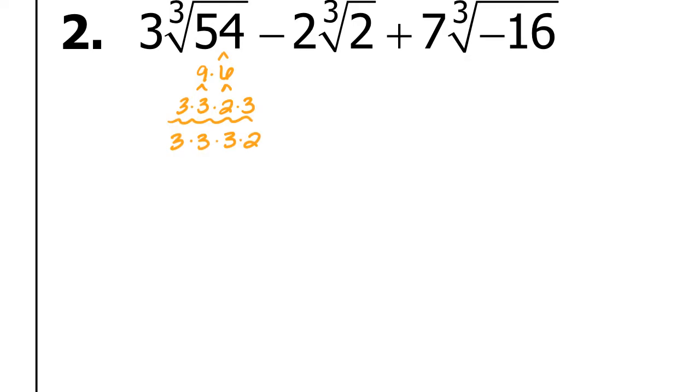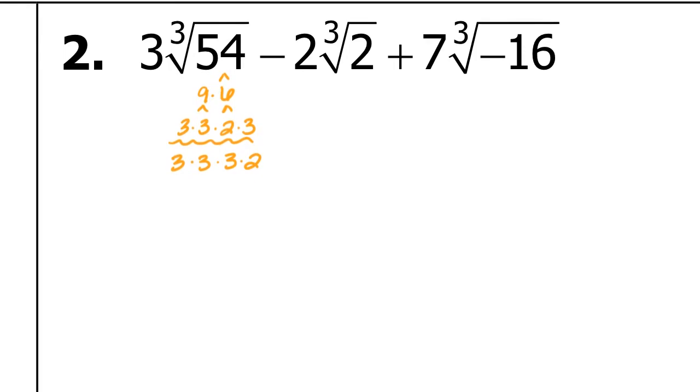And if I look at my index here, it is a 3, meaning that I'm looking for triplets. So I'm going to work with my group of 3's here because there are 3 of them. The first 3 will be able to escape, and the other 3's do not. And a 2 gets left behind.